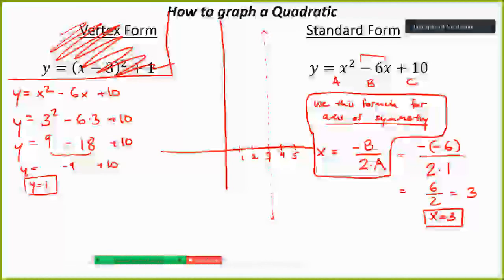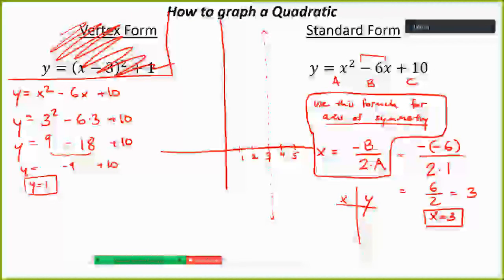So that means at 3, comma 1, because remember, we just had an input of 3. So if I make a table, I'll put that over here. We put in 3, we got out 1.